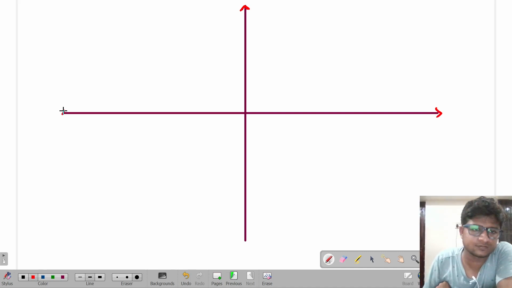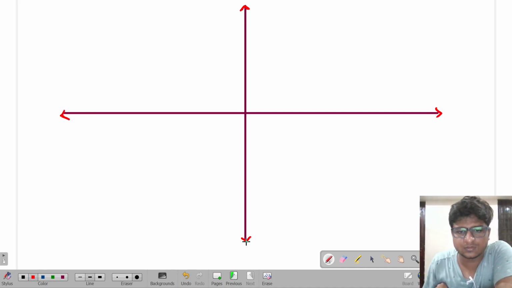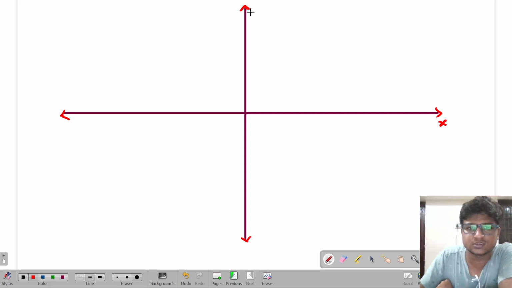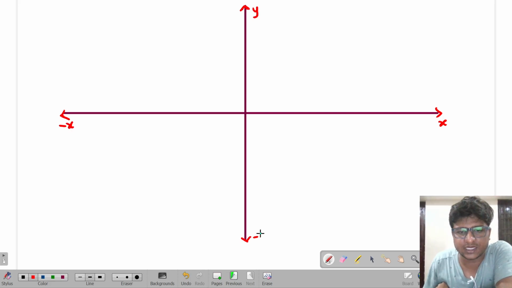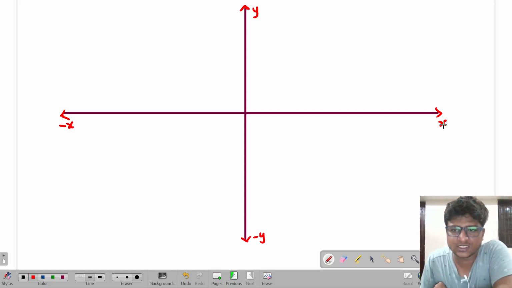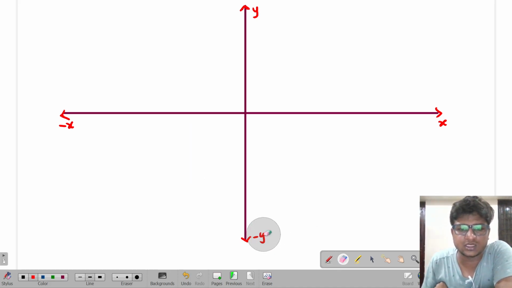See, this is x, this is y, this is minus x, and this is minus y. So we have two calculations, either x-axis calculation or y-axis calculation. Let me make it small. We'll reduce its size.